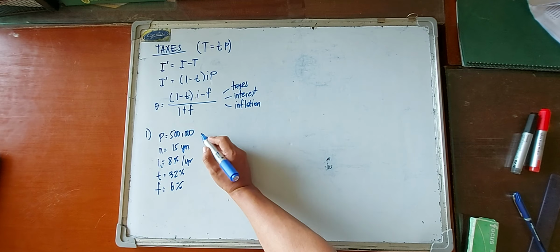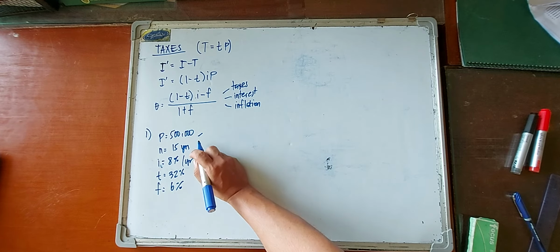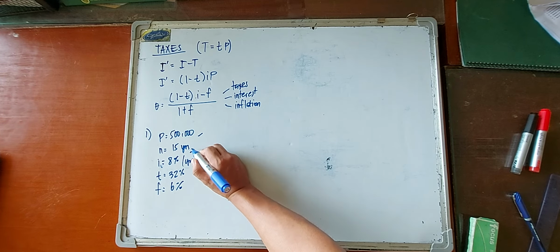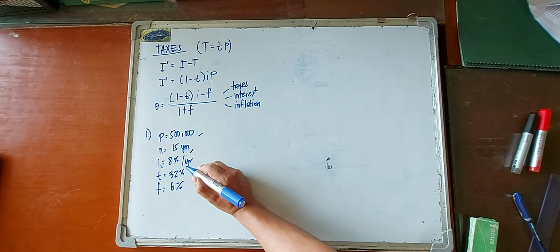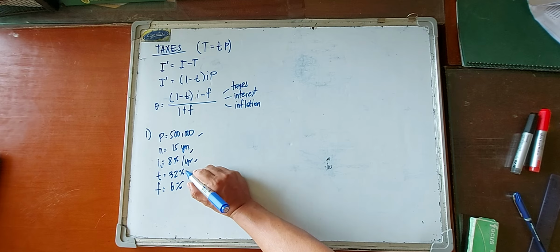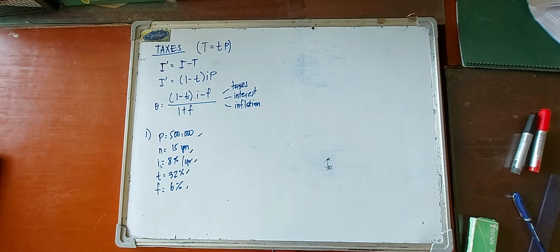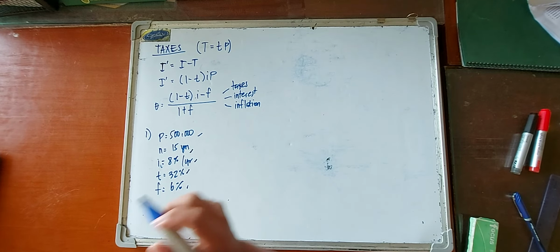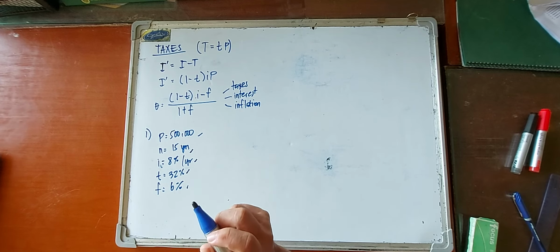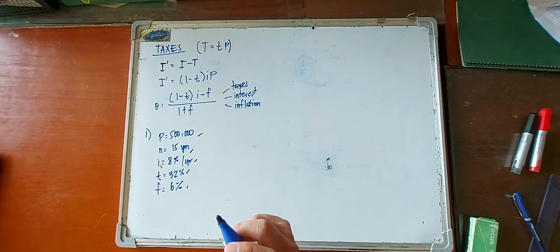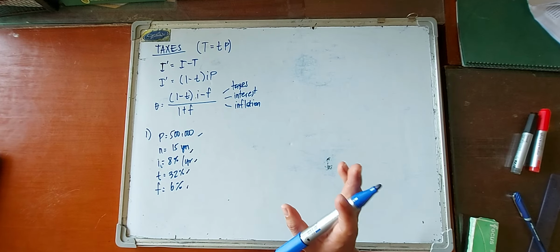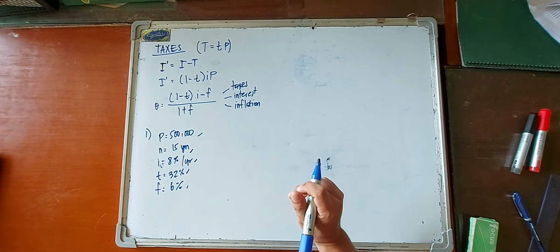So we have principal is 500,000, 15 years yung period natin. Interest rate ng investment is 8%. Tax ay malaki, that's 32%. Inflation rate at 6%. So we can compute for the composite interest rate, which combines the effect of taxes, interest, and the inflation rate.